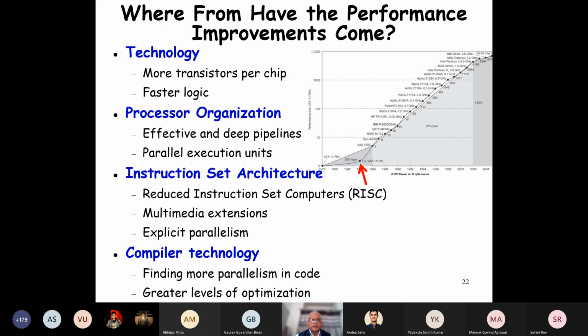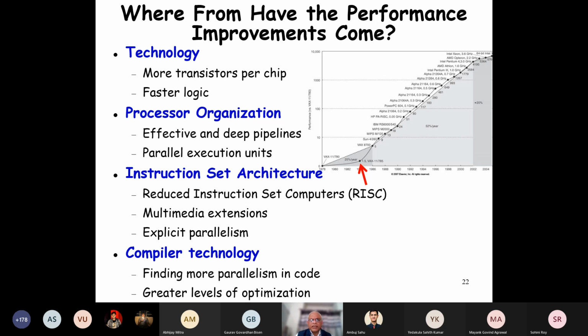And then if we have a number of transistors, what do we do with those transistors? We have memory inside the processor. Earlier it was not possible: cache memory, and then we had larger caches. And larger caches actually help improve the speed. And then faster logic.